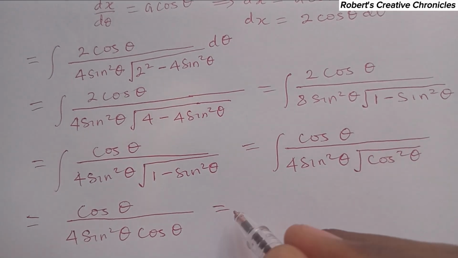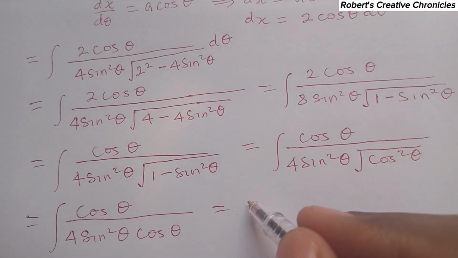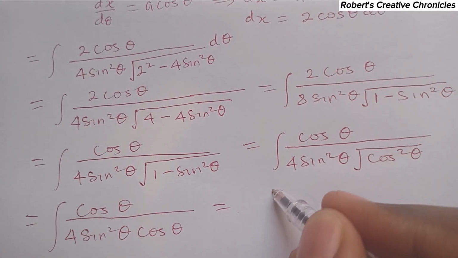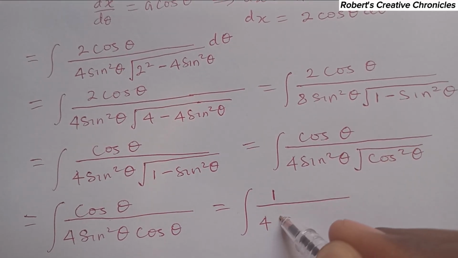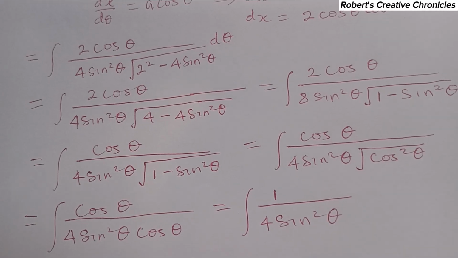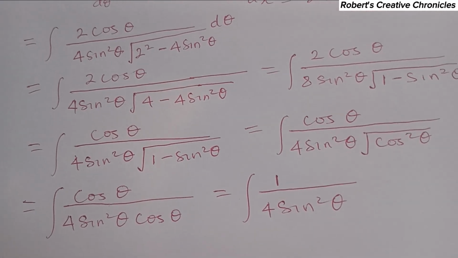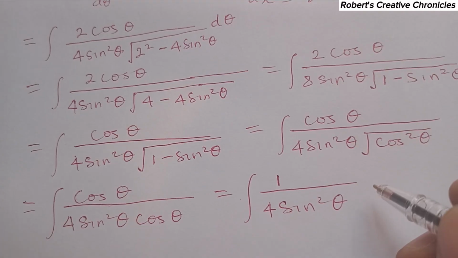So this becomes the integral of 1 over 4 sine squared theta, and there's the d theta here.